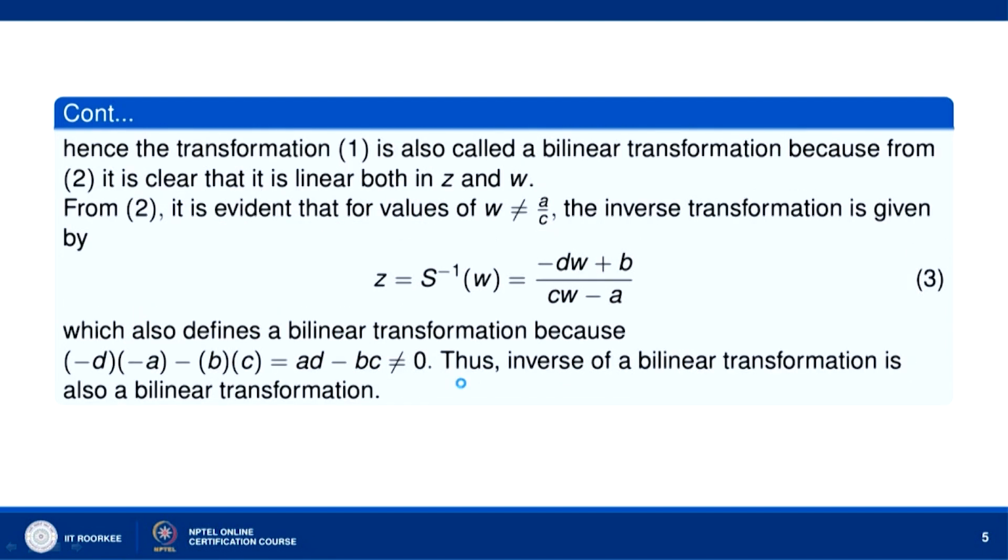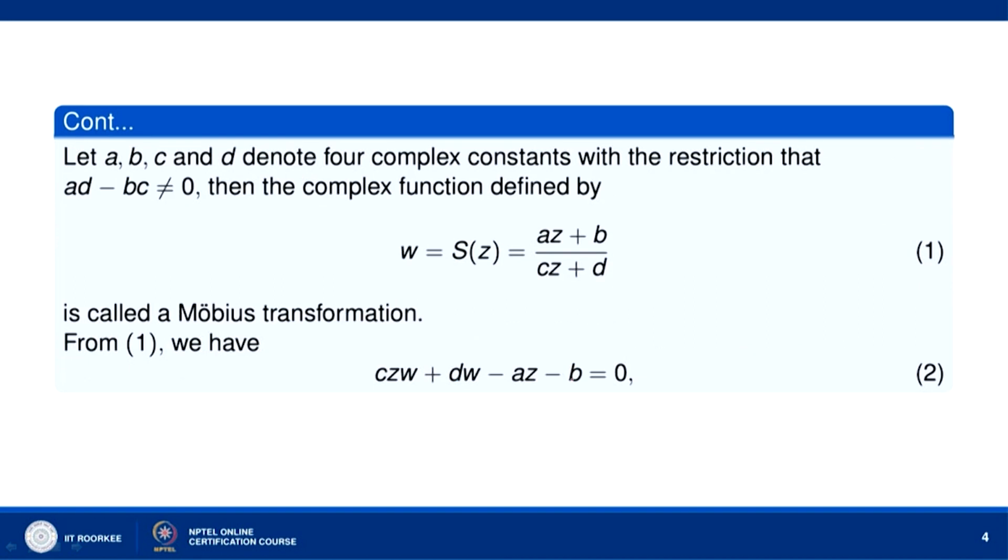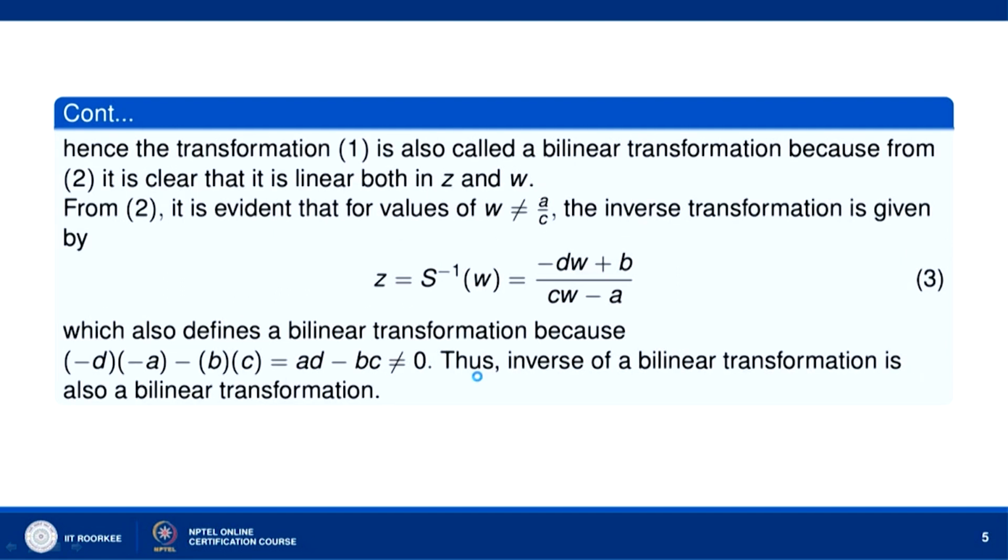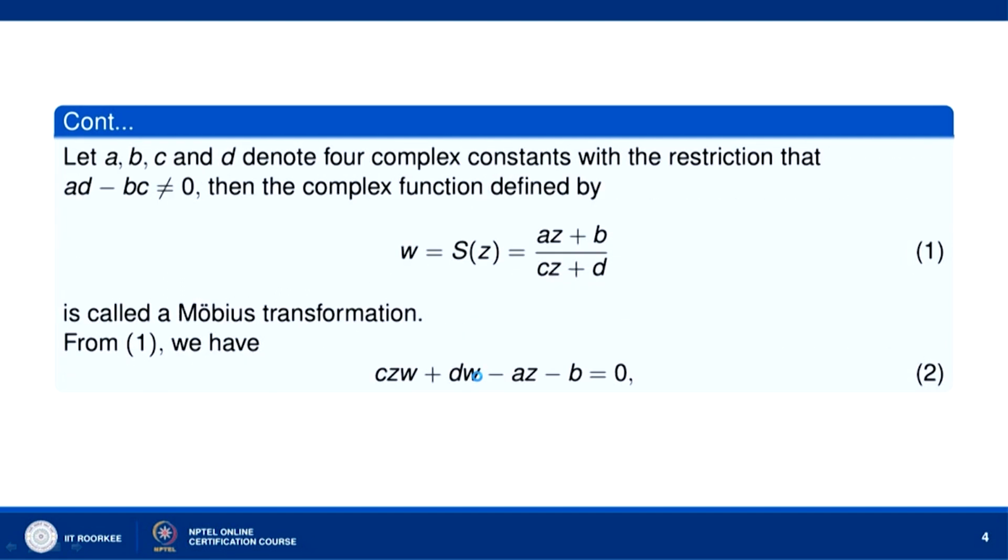One more thing we can notice from the equation czw plus dw minus az minus b equal to 0: if you collect the coefficient of z, we can write z times (cw minus a) equal to minus dw plus b.